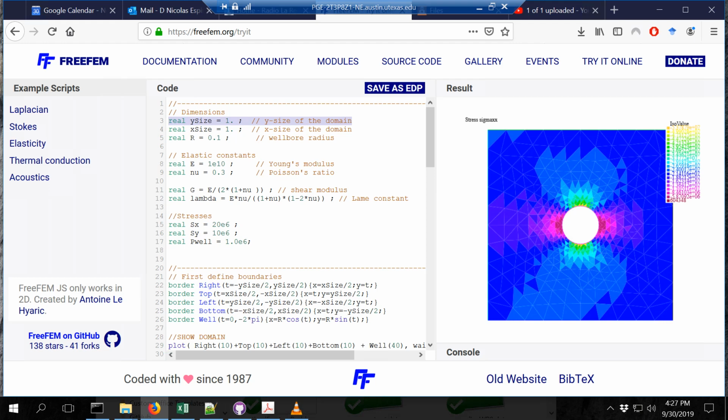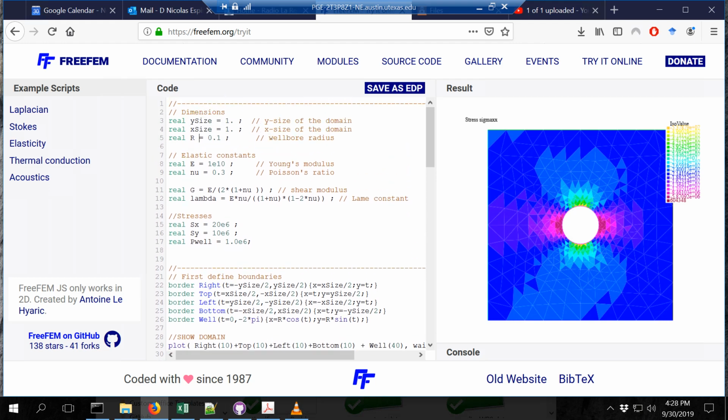Sometimes this code doesn't take a float number unless you put a decimal point there. So although it may sometimes be redundant, just put the decimal point in there. So I have these 3 dimensions, 3 variables.